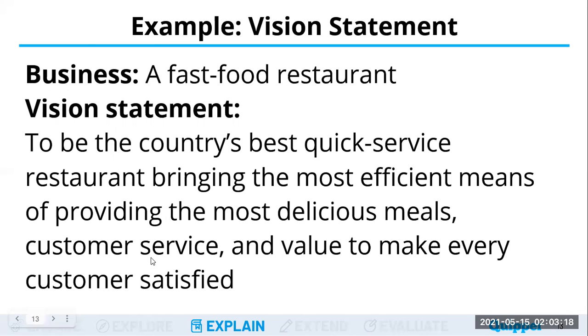So customer satisfaction, the phrase providing the most delicious, and to be the country's best quick service are the keywords we should consider when we create a vision statement.